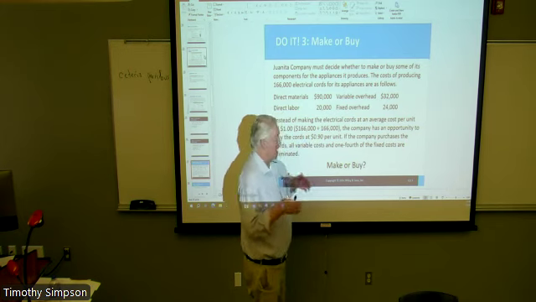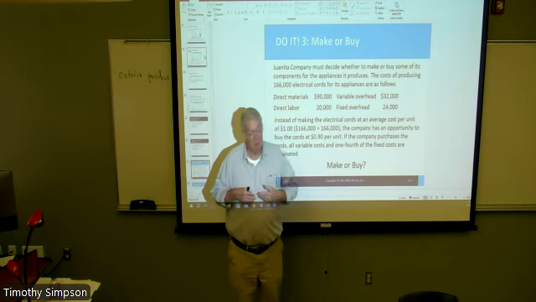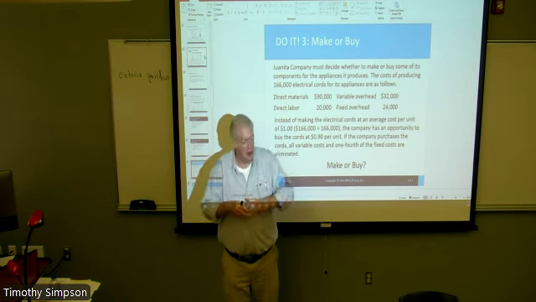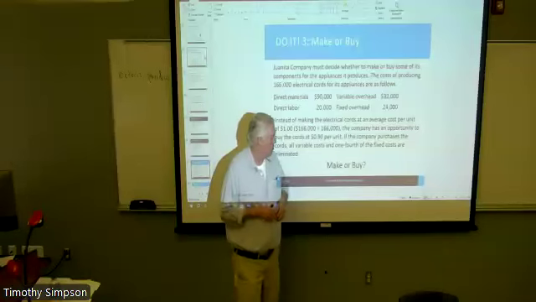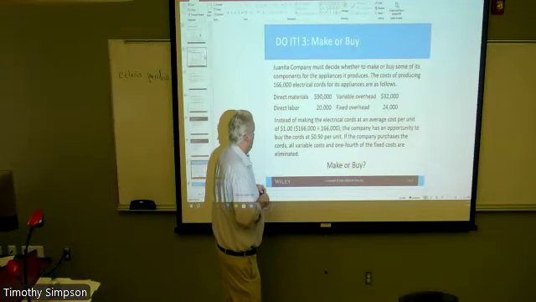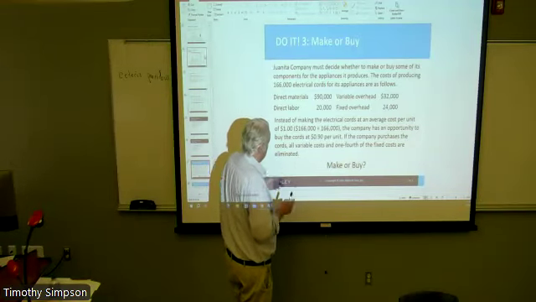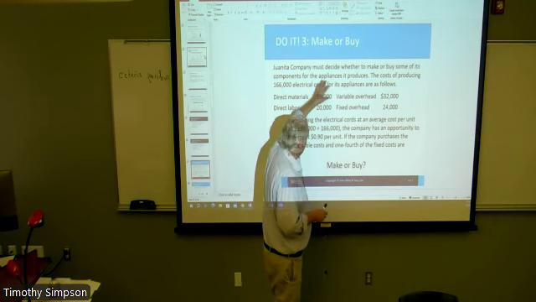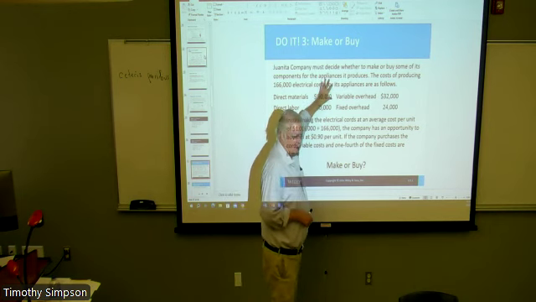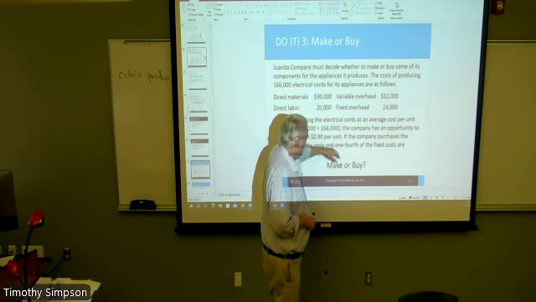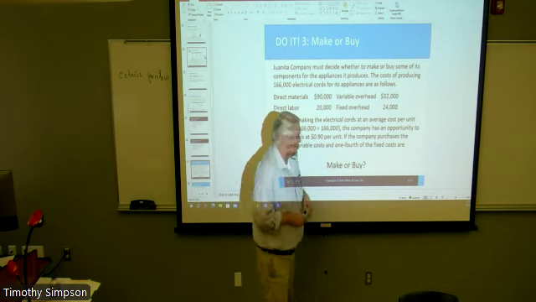So it costs us $1 to make. We can buy them for 90 cents and then we sell them at whatever price. A price which is not given, but it's not really relevant. So the issue is, do we make these goods with these cost figures, or do we buy the goods at 90 cents per unit?